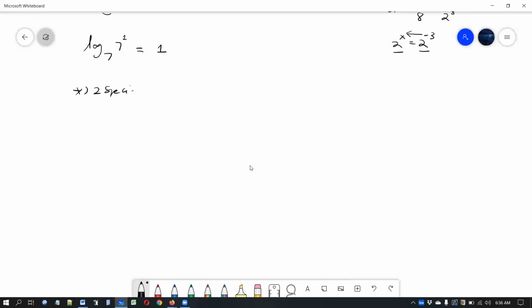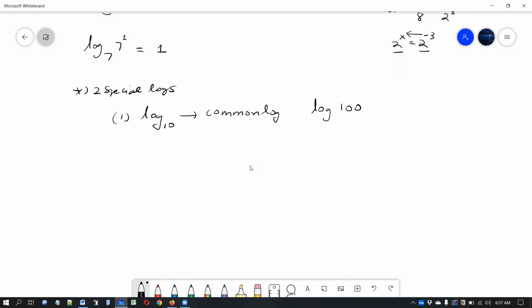Two special logs. The very first one is log base 10, which we call a common log. In a common log, we usually omit the base.